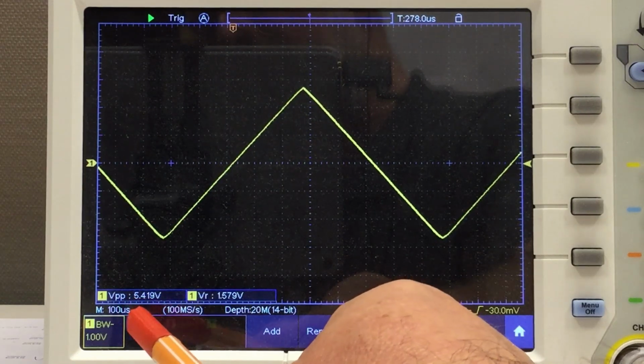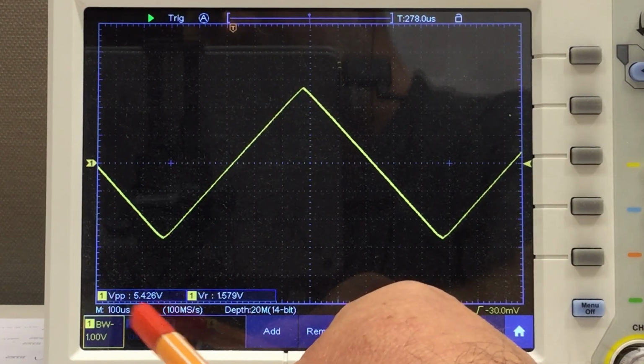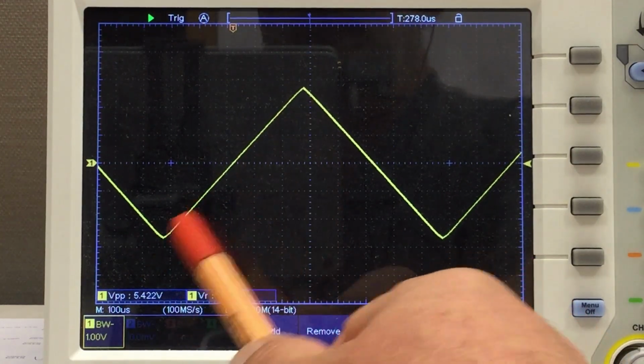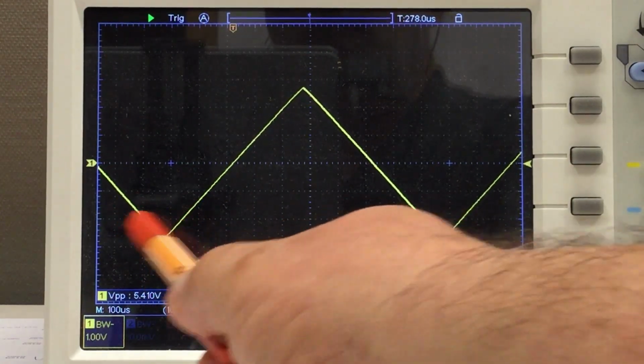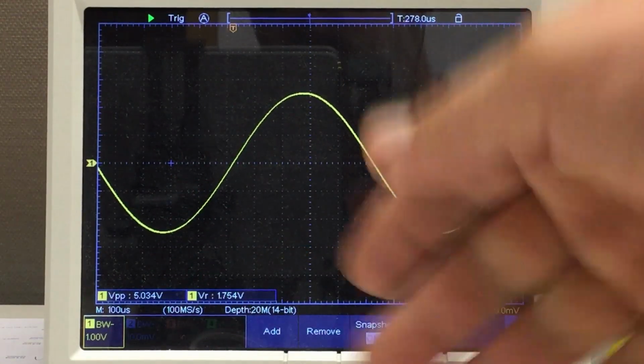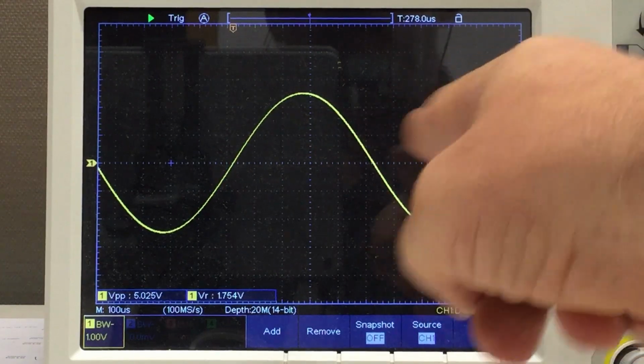Yeah, no dice. That should be 5.5 volts, but we are already going into the current limiting.